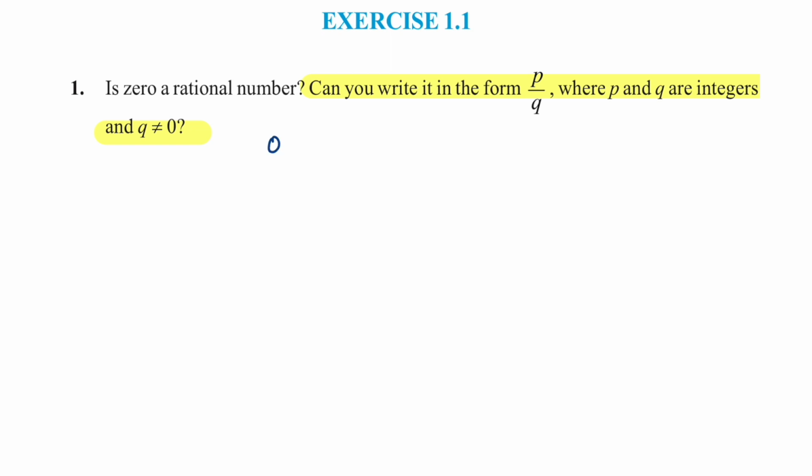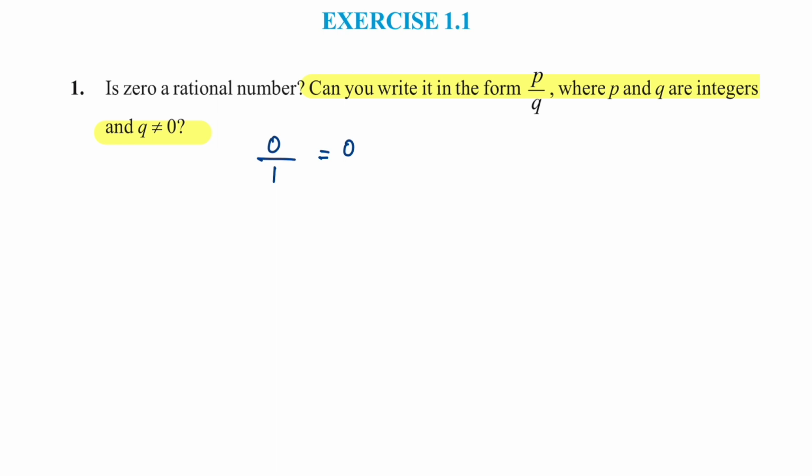As we've seen in the previous videos, any number can be written in the form of the number itself divided by 1, and that is no different for 0 as well. So 0 can be written as 0 divided by 1, and its value is 0 itself, it doesn't change.